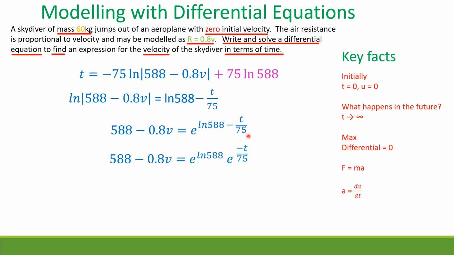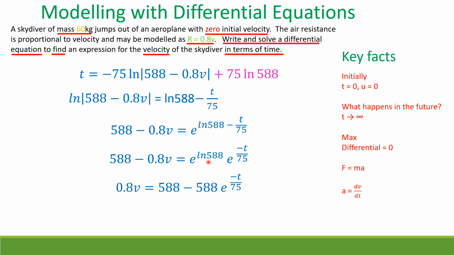So I can separate the right-hand side up into 2 functions using rules of indices. The reason we do this is because I've got an e and ln next to each other, and this e and ln cancel out, leaving me with 588. So the right-hand side becomes much nicer now because I've got 588 here at the front of this function.